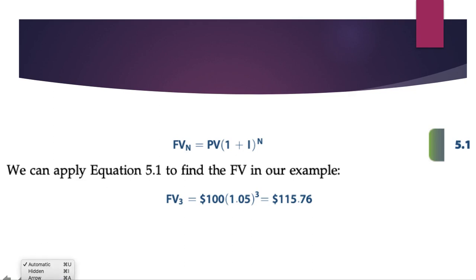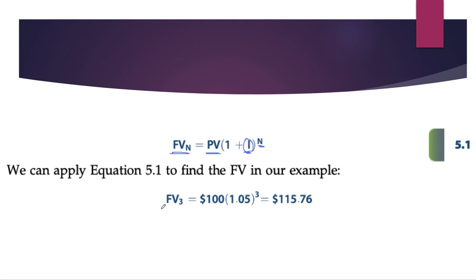So we have a basic equation that describes the growth of the future value given the present value of your investment. If you started with $100, then given an interest rate denoted by I, and you are assuming that we reinvest this for n periods, then our compounded amount will become present value times 1 plus the interest rate to the power n.